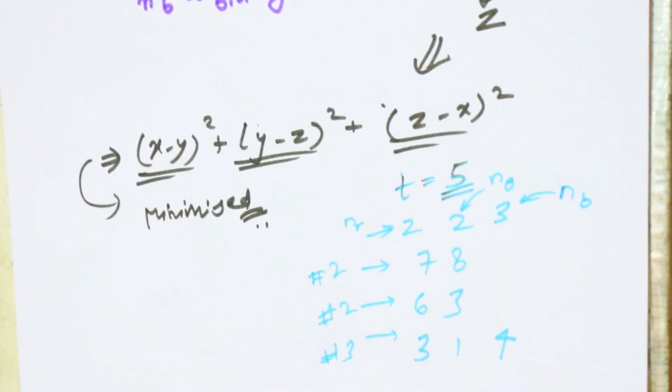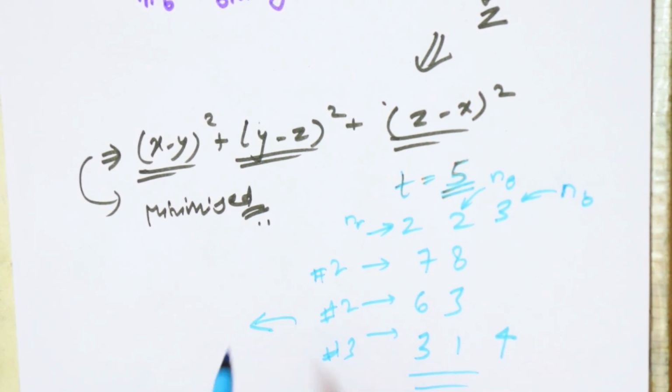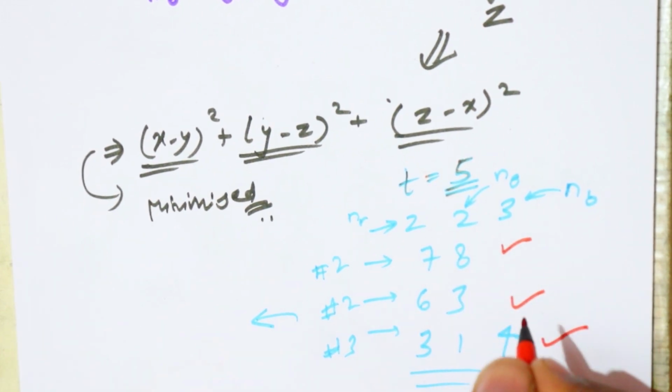As you can see in the problem, we need to choose one weight out of each.